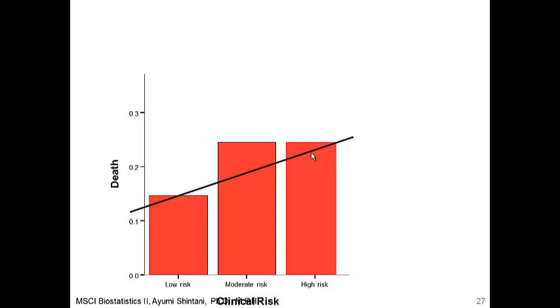So for the test for linear trend, first make sure visually that there is a nice linear dose response, and then you conduct this test, and then you can report the p-value for this straight line.